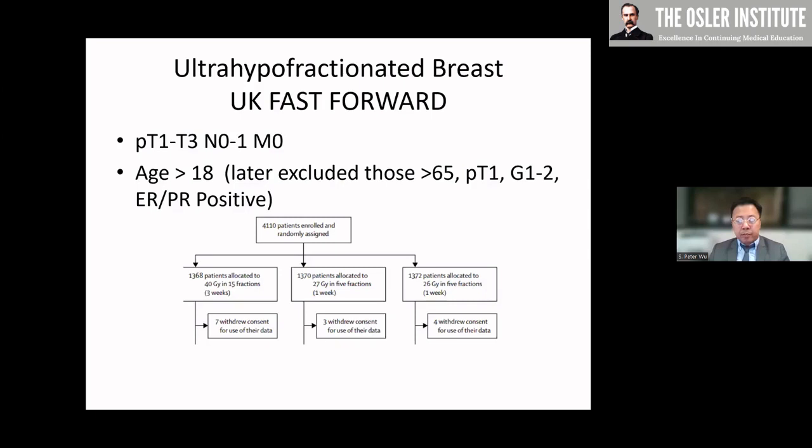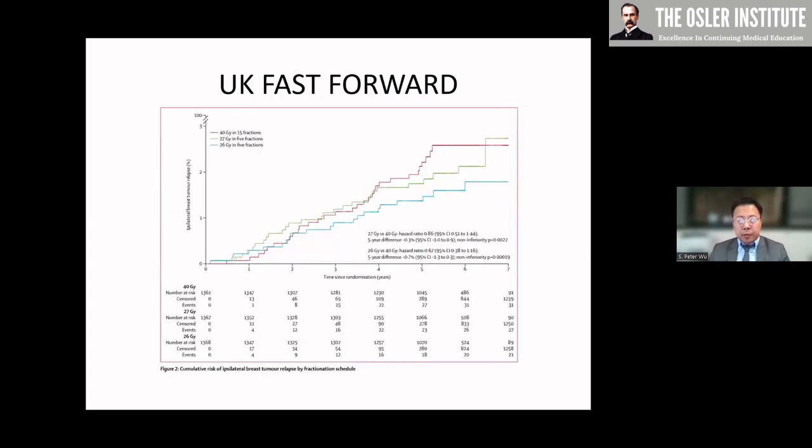The justification for this is the low alpha beta ratio of breast and perhaps improvements in tumor control with a decrease in normal tissue toxicity with higher fractionation per day. What was found was very interesting. These curves appear to not separate when it comes to ipsilateral breast cancer recurrence, IBTR.